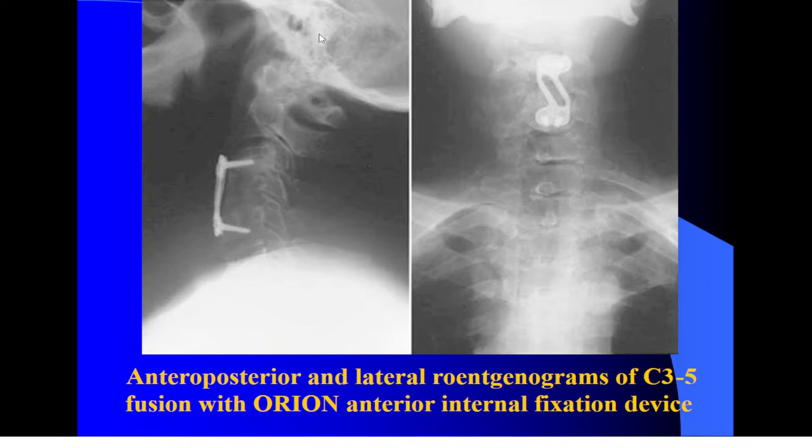As a result, the forces transmitted in that area pass from the body of C3 through the plate to the body of C5. And those forces avoided the damaged vertebra, avoided the C4 vertebra.